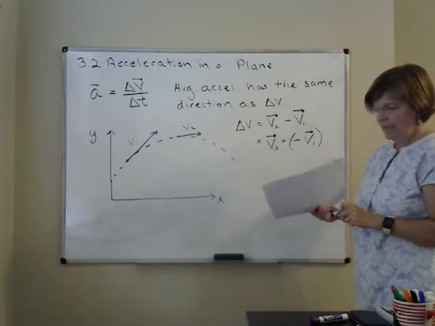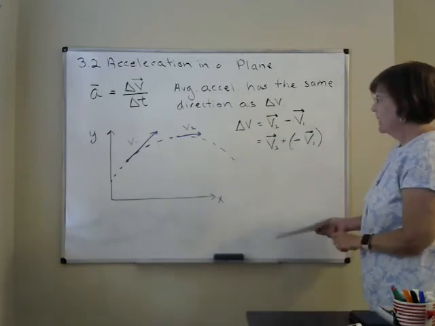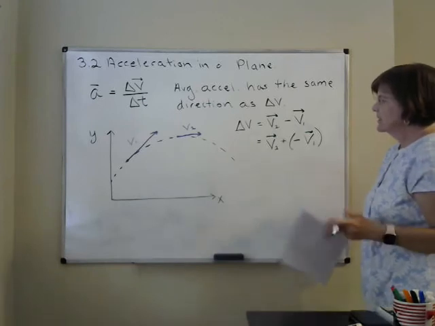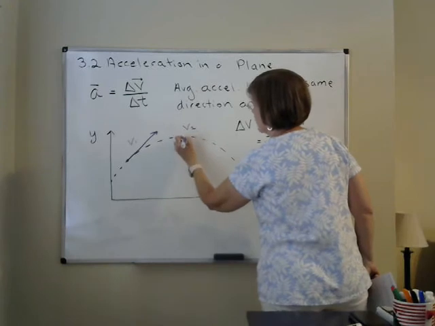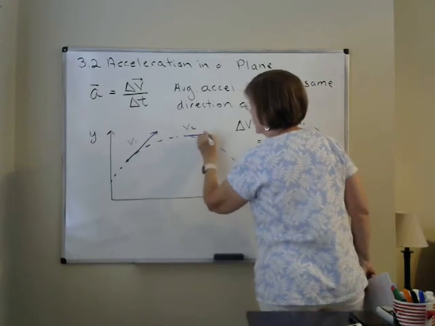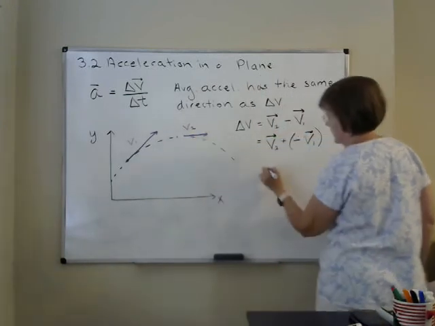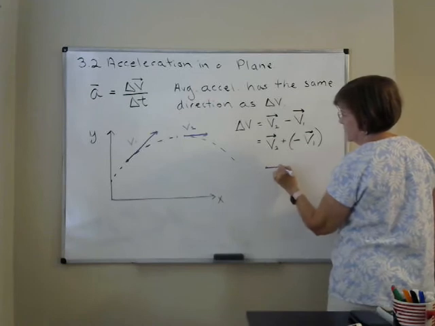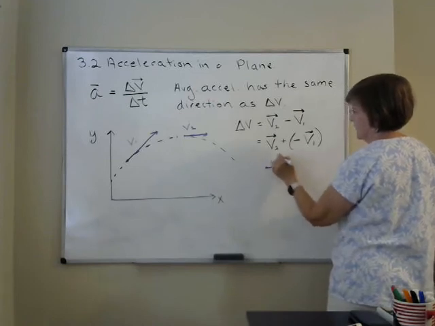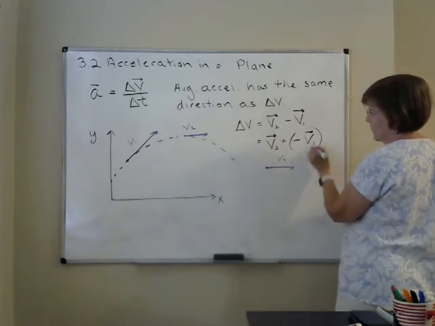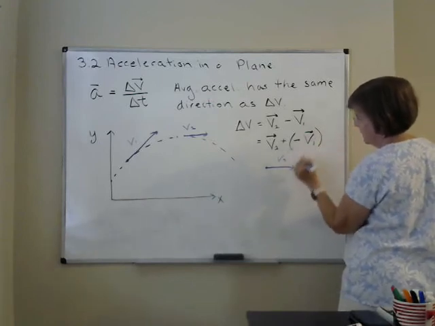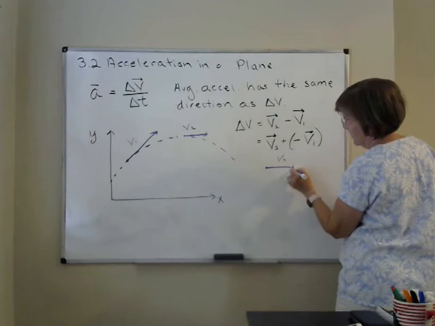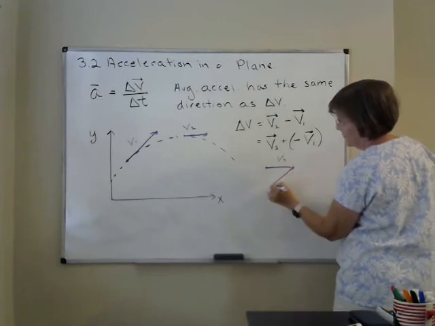We'll start with V2. So V2 is pointing pretty horizontal. Let's go. There's V2. V1 is pointing up and over. So negative V1 would actually be pointing fairly much down.